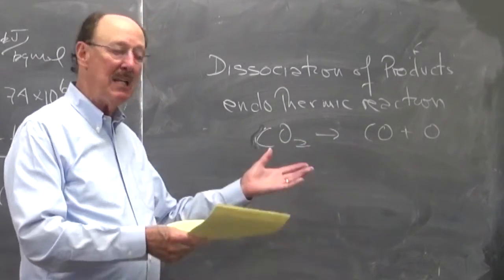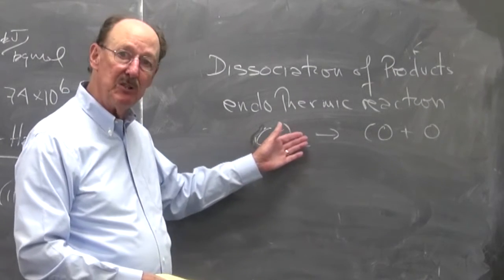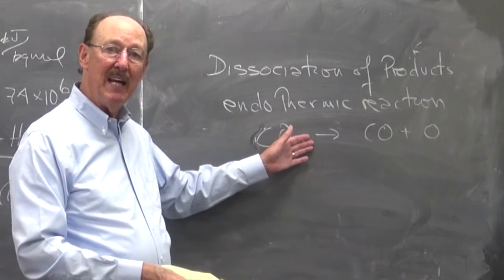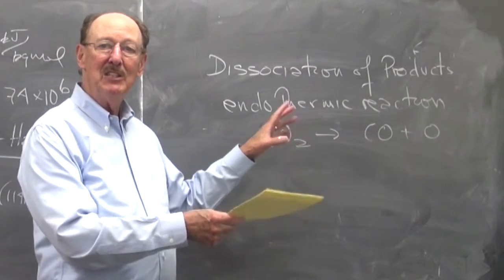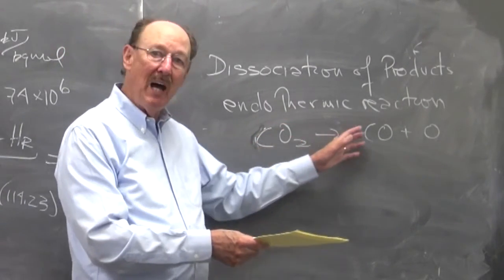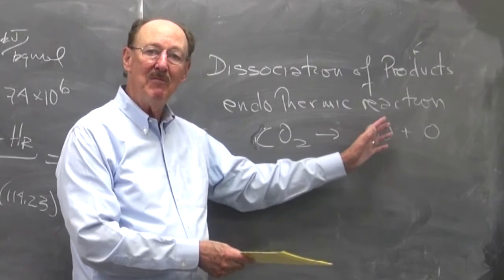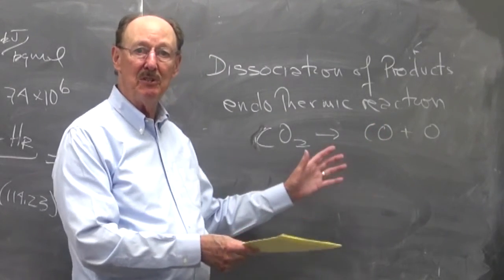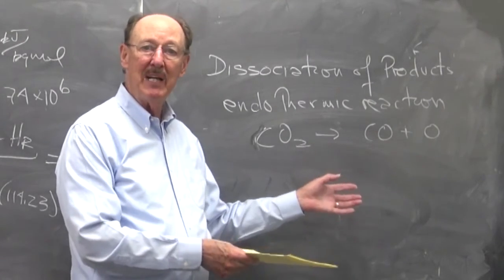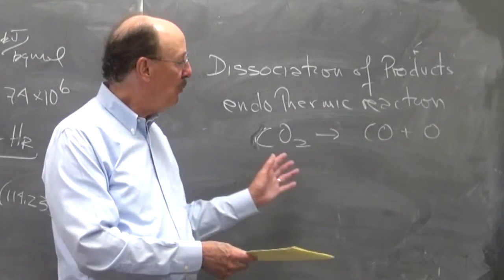The higher the temperature, the more dissociation. Then my product term, rather than being those nice little CO2s, ends up with other products, and these become very reactive. Any compound or element, like nitrogen, will dissociate into N, and that's where we got the NOx's from.